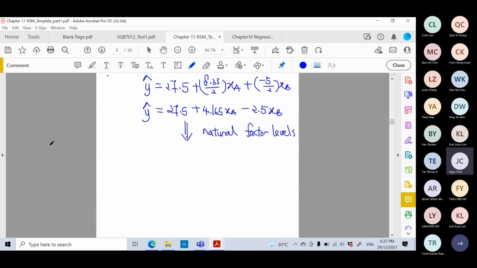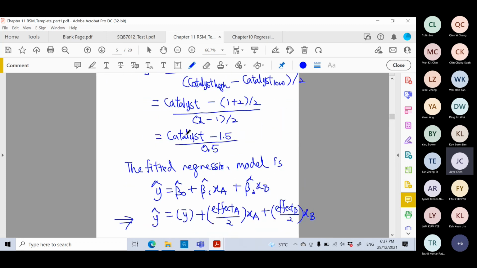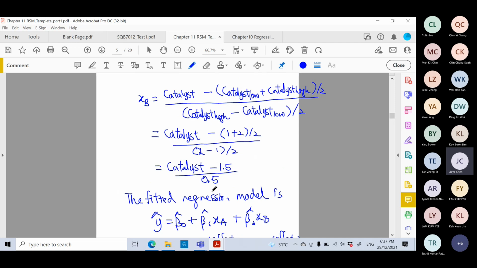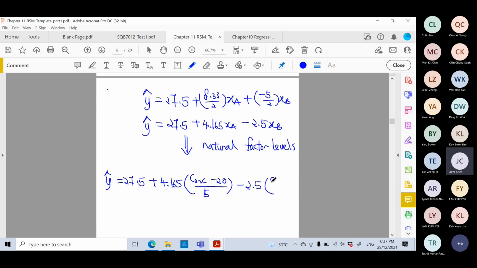So our fitted equation, the response equation, or the response surface equation, will be equal to 27.5 plus 4.165 times XA, which is the concentration minus 20 divided by 5, then minus 2.5 times XB, which refers to the catalyst minus 1.5 divided by 0.5.